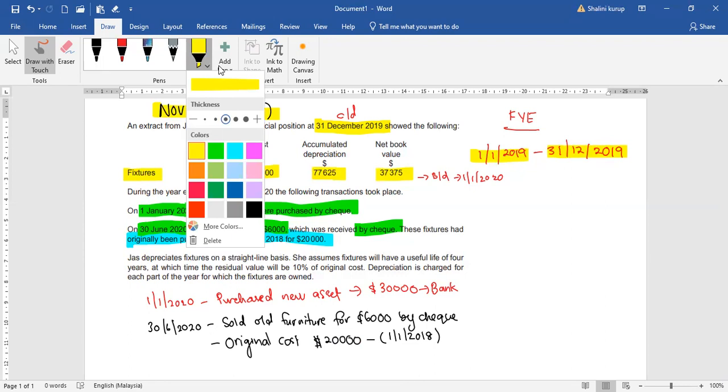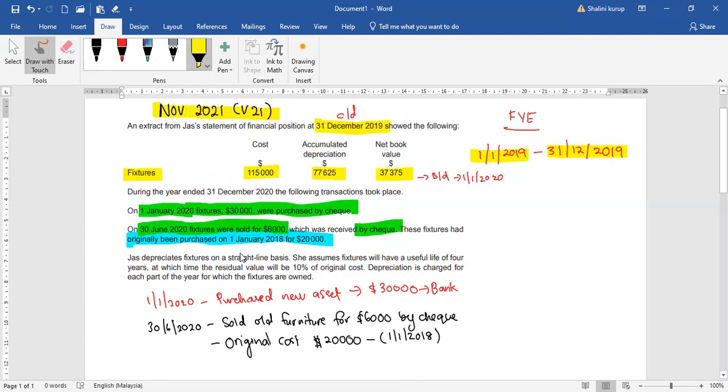Let's see. Depreciate fixtures on a straight line basis. I know what sets in your mind: they'll give you a percentage, you take the cost, you multiply, and that's it. But remember, I have taught all of you in class that for the straight line method, there are two ways that you can do the calculation.